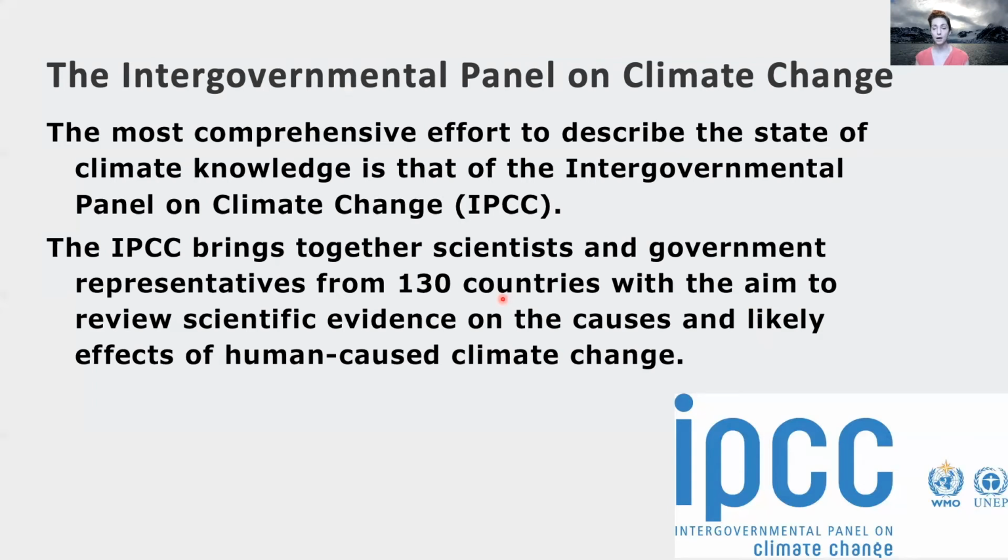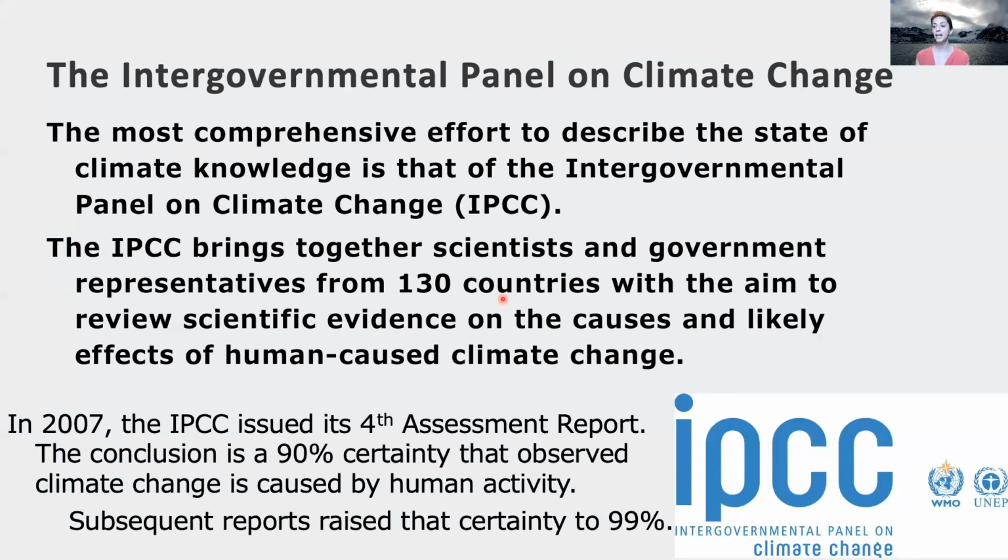So they have put out a number of IPCC reports to date, but in 2007, the IPCC issued its 4th assessment report, and this was pretty much the bombshell report. The conclusion was that a 90% certainty that the observed climate change is caused by human activity. And subsequent reports have actually raised that to 99%.